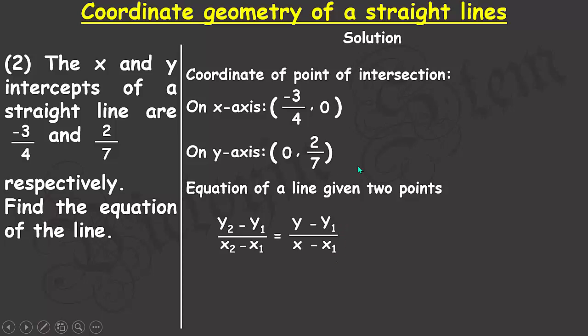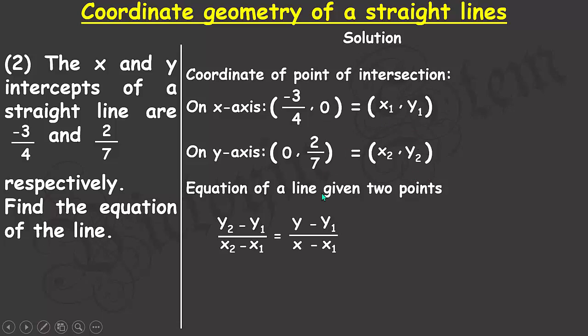Which of these coordinates will be x1, y1, and which will be x2, y2? You are at liberty to choose any one, but for me, I'm going to make the first one x1, y1, meaning minus 3 over 4 will be x1, 0 is y1, and in the second case, 0 will be my x2, and 2 over 7 will be y2.